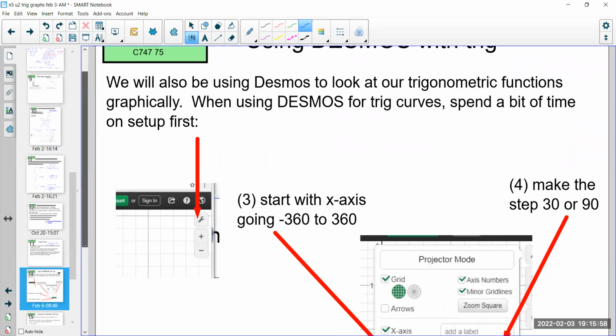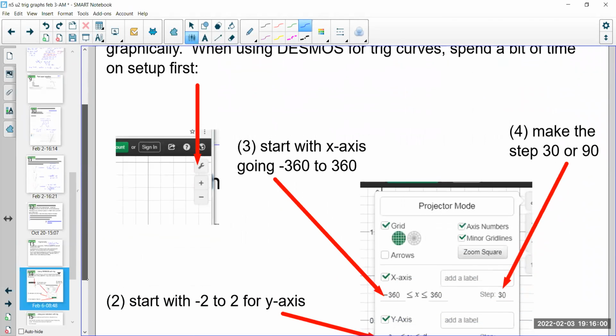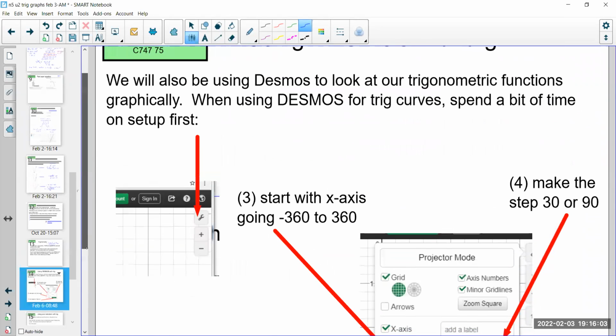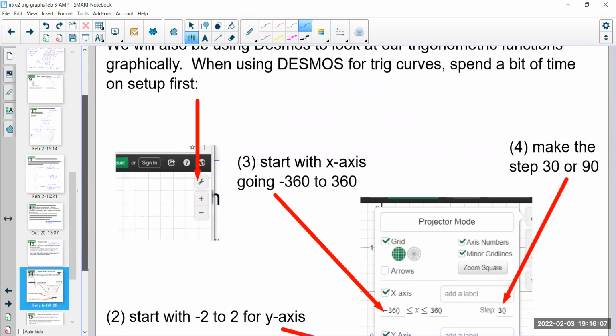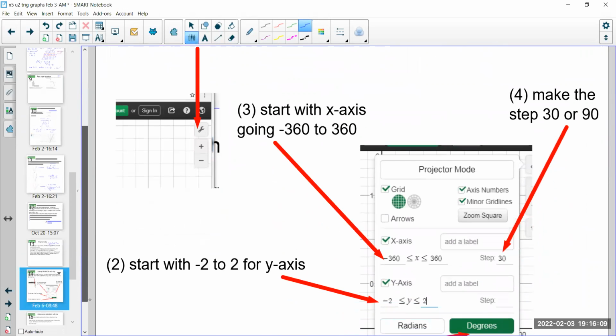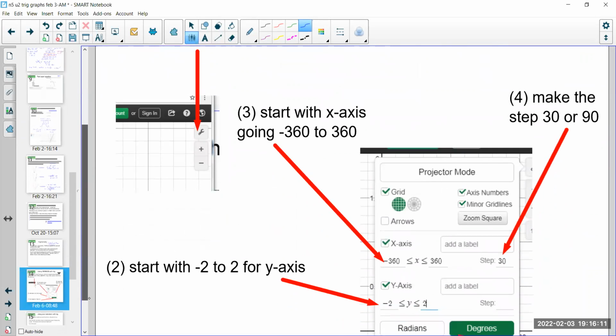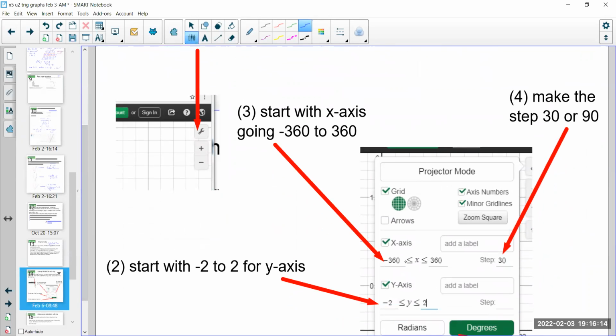Desmos, you've seen that we use it quite a lot. If you want to do your graph on Desmos, there are a couple of things you need to be aware of. First of all, you need to set your angles. For X, change it to negative 360 degrees to positive 360 degrees in steps of 30, for example, and your Y-axis from negative 2 to 2.